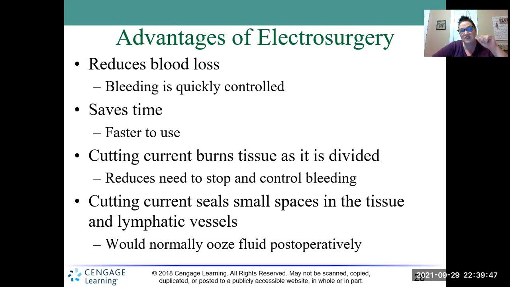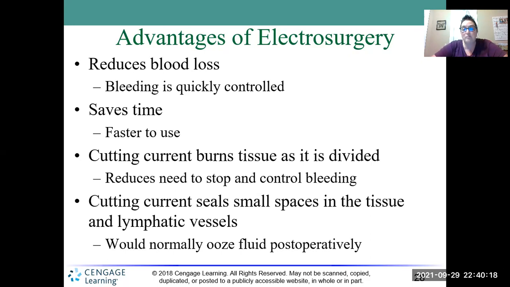A big advantage to this is that it really does help reduce blood loss, because bleeding is able to be controlled really quickly with that pin. As an artery or vein is severed to get into the area they're working toward, they're able to immediately cauterize that vessel so that the blood loss is greatly decreased. It does save time. It's faster to use this.